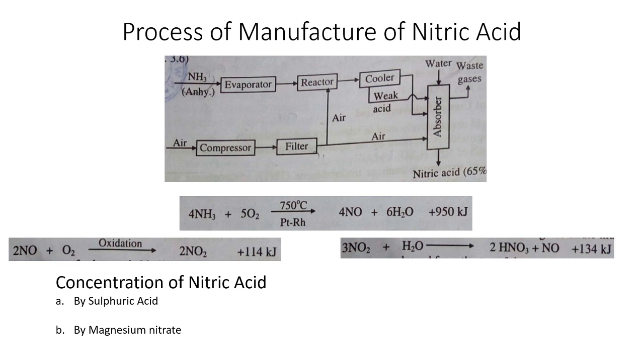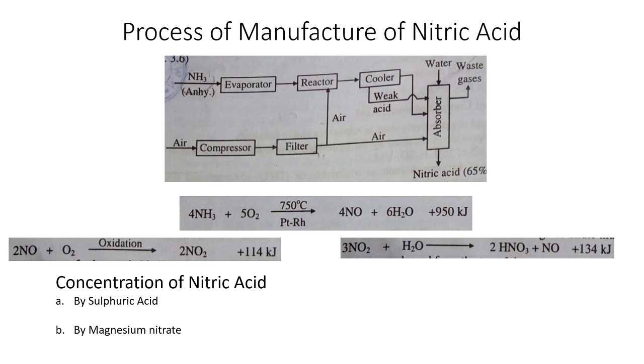So magnesium nitrate acts as an extractive distillation agent. It removes water at 100 degrees Celsius. Means you have to heat it, and when it comes in contact with magnesium nitrate solution, first it extracts that water, and then it is distilled off. So that is the role of magnesium nitrate.